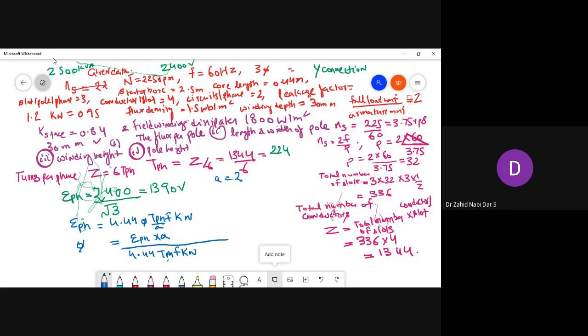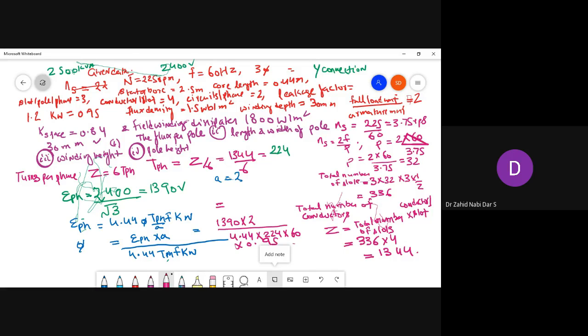You just now calculated the E phase value, that was 1390 into 2 divided by 4.44 into T phase. T phase you just calculated as 224 into 60, and space factor is 0.95. So this value over here would be equal to flux per pole.